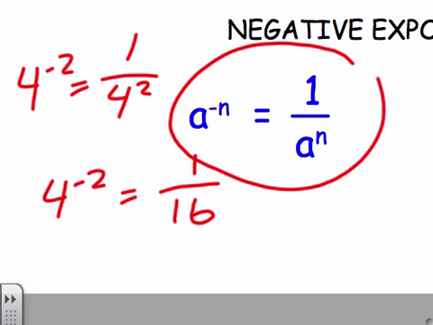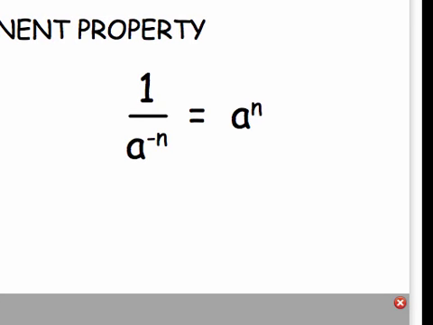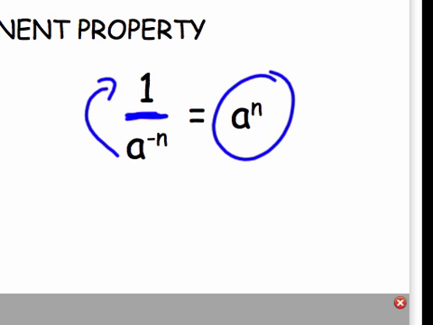If you have something to a negative exponent, you put it in the denominator and make it positive. Essentially, you put a to the negative n over 1, since I can put any number over 1, and it just switches sides and becomes positive. Because if you look at my next example, we have 1 over a to the negative n. To get it to be positive, I just move it to the top, and it becomes positive, as we can tell right here.